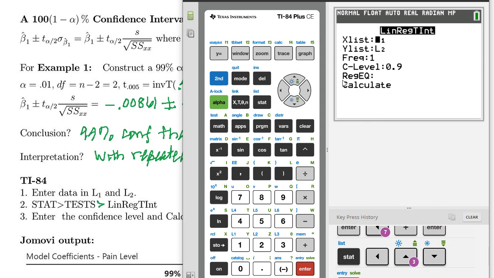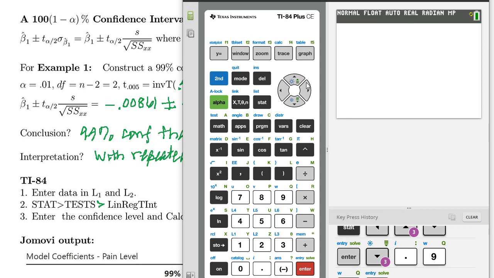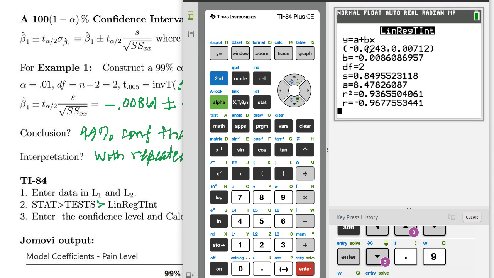List 1, list 2 for x and y. C-level is our confidence level, 0.99, and calculate. And there's our negative 0.0243 to positive 0.0071. It also lists our S here, and then b and a, and then r and r squared.